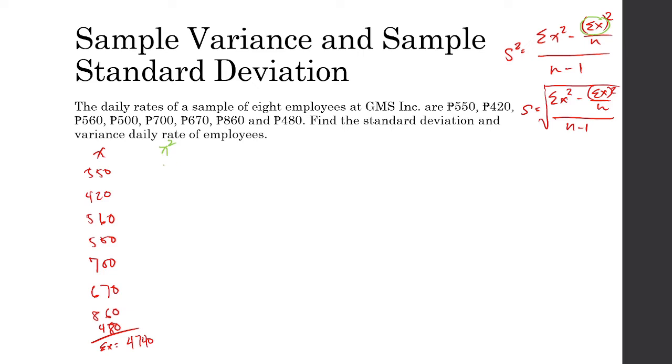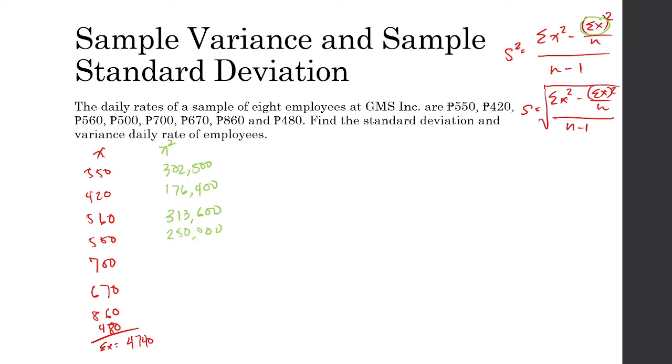We will have there 302,500. Then we have 420 squared, which is 176,400. Then 560 squared, which will be 313,600. Then we have 500 squared. What is 500 squared? That will be 250,000.